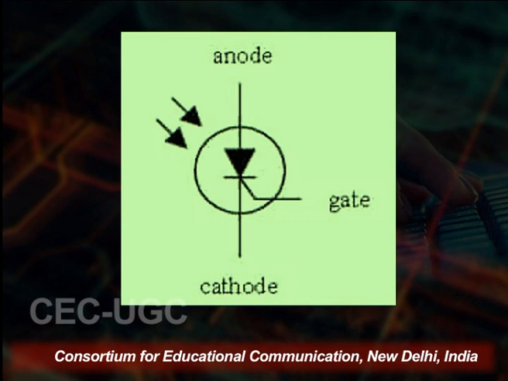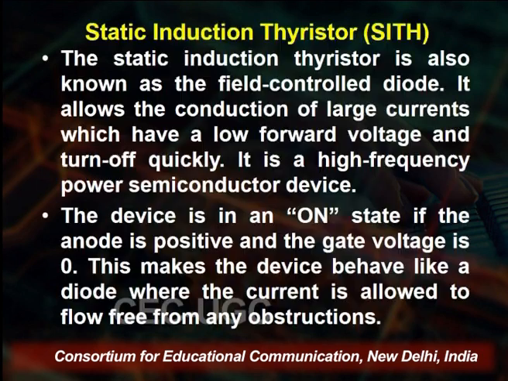So, the silicon pellet is situated at the bottom of the thyristor device. The device goes into a conduction state when light intensity dislodges the electrons in the semiconductor. Now, you see here on the screen two arrows which represent the photons falling on the thyristor. It also has the anode, cathode and the gate. So, this is the thyristor.